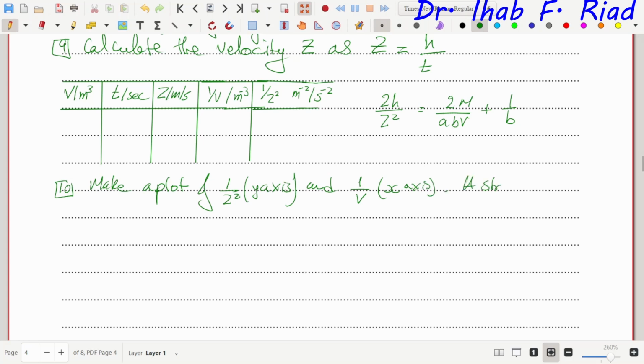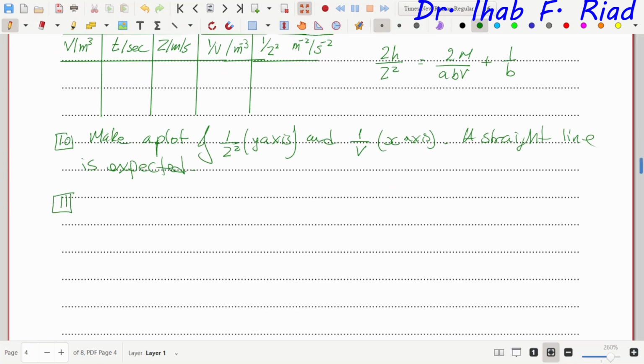A straight line is expected. We have the gradient.